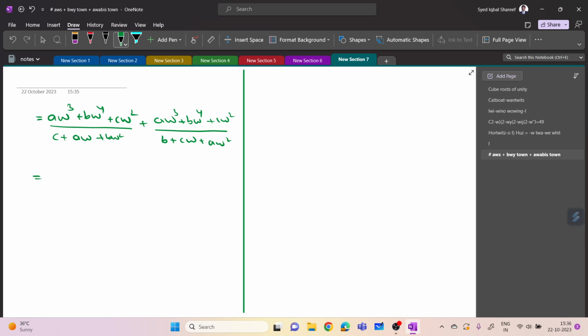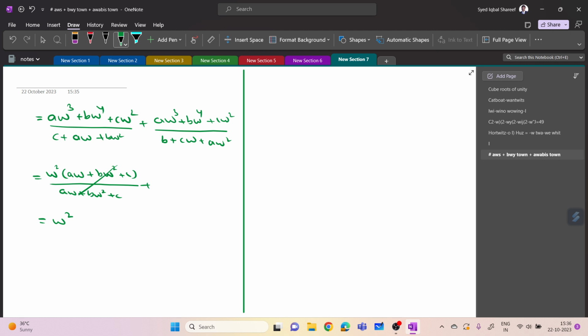Here what we are doing is taking omega square common. So a omega plus b omega square plus c, divided by the same a omega plus b omega square plus c, getting cancelled, we are left with omega square.